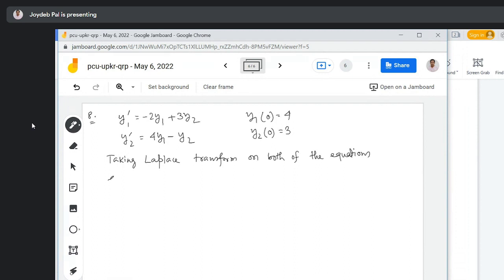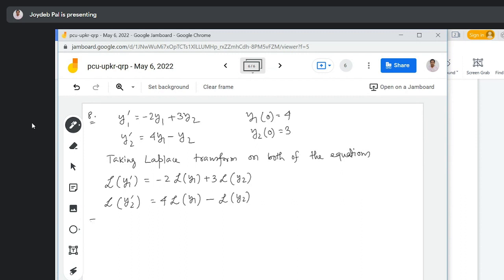Laplace transform of y1 dash equals minus 2 Laplace transform of y1 plus 3 Laplace transform of y2, and the second equation, Laplace transform of y2 dash equals 4 into Laplace transform of y1 minus Laplace transform of y2. Okay.